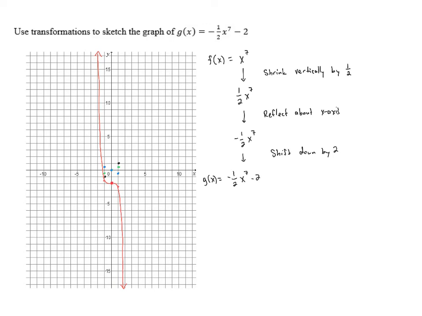From right here, at this point, it's very, very flat, and then to the right of it, it gets very steep going down, and to the left, it gets very steep going up. So this is a generally okay, mediocre graph of g of x equals negative 1/2 x to the 7th minus 2. And there we go.